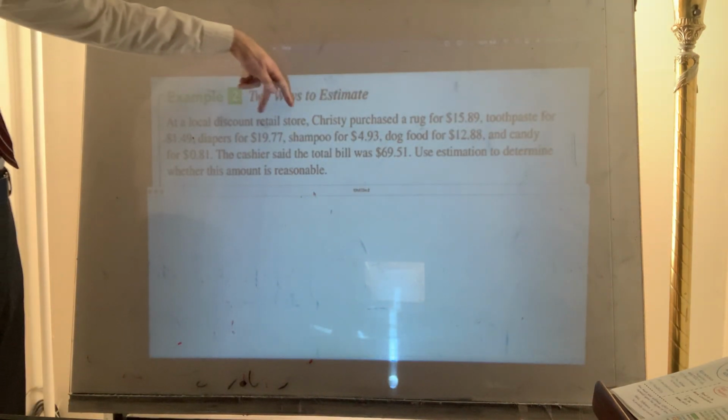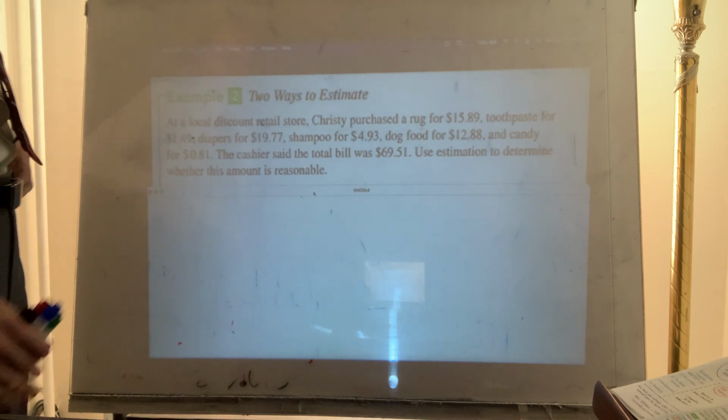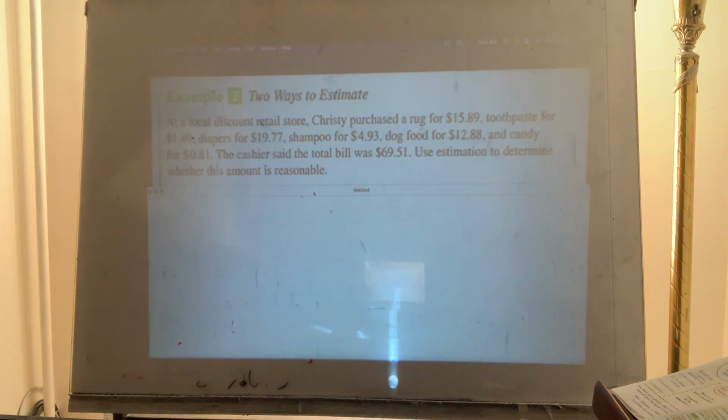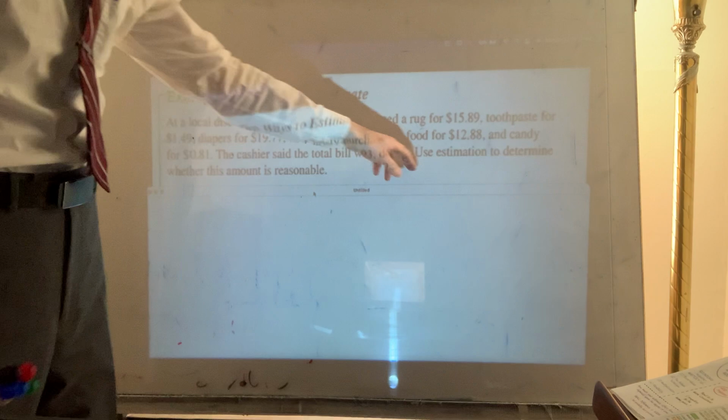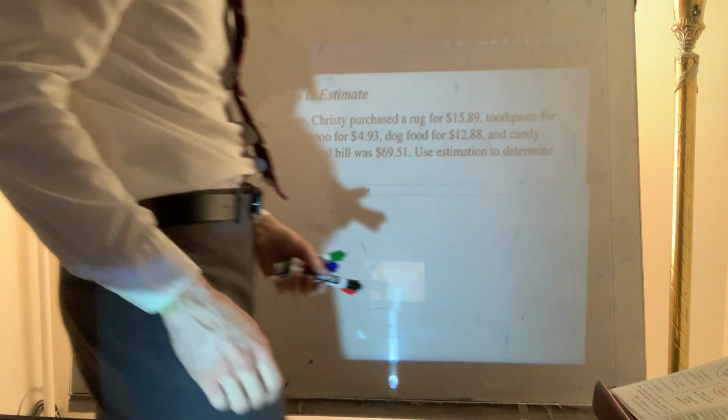At a local discount retail store, Christie purchased a rug for $15.89, toothpaste for $1.49, diapers for $19.77, shampoo for $4.93, dog food for $12.88, and candy for 81 cents. All right, the cashier said the total bill was $69.51. Use estimation to determine whether the amount is reasonable.